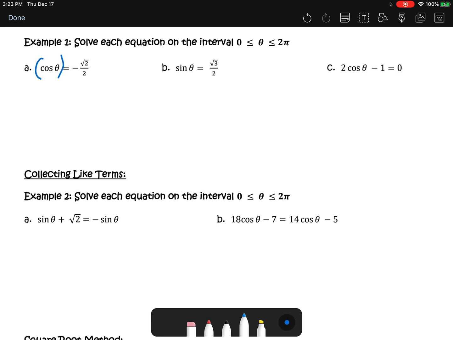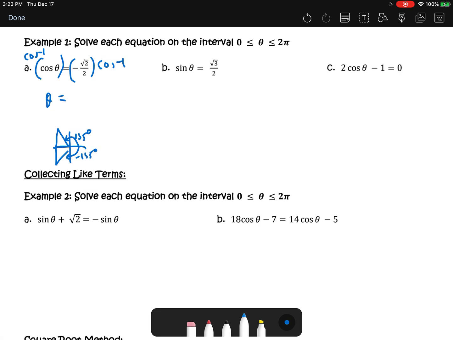Well, you take the inverse cosine of both sides. So when is cosine negative radical 2 over 2? Cosine is negative radical 2 over 2 here, there, and there. So 135 there and negative 135 there.